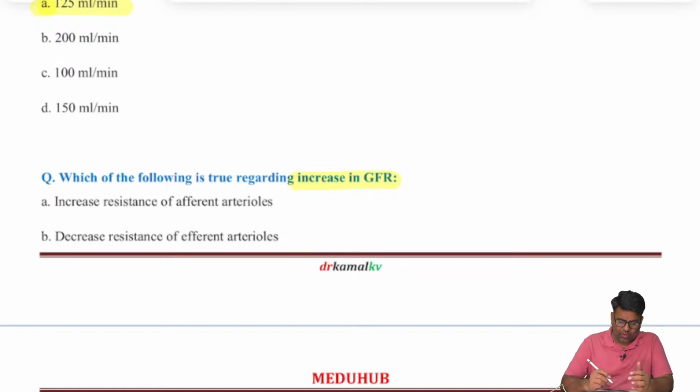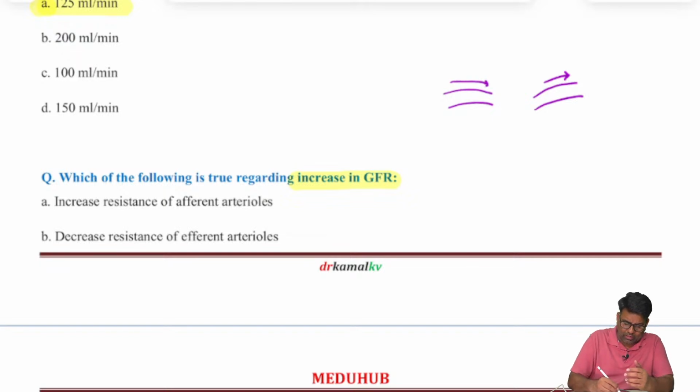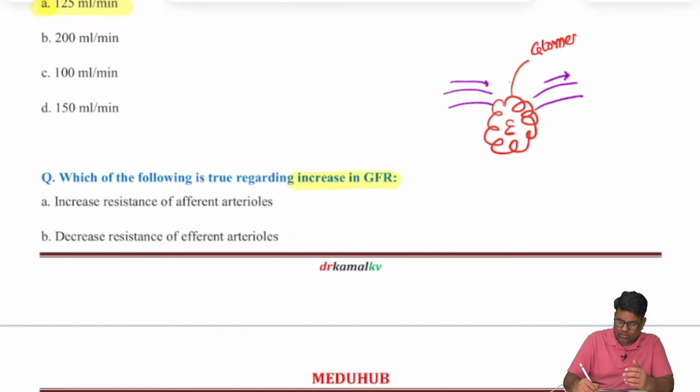Now, you should remember a couple of things. Suppose this is the afferent arteriole and this is the efferent arteriole. The efferent arteriole is taking blood away from the glomerulus, and the afferent is bringing blood to the glomerulus.